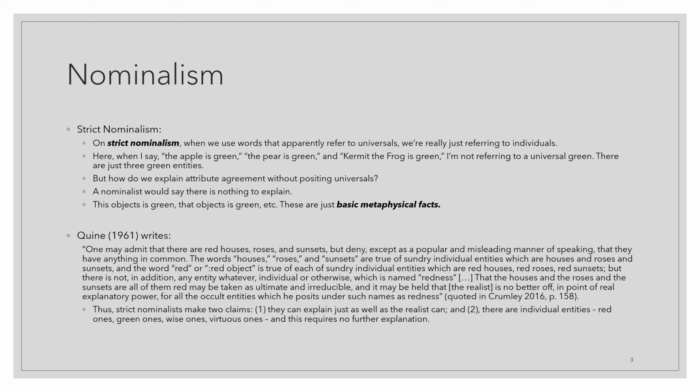Say I utter sentences like, this apple is green, that pear is green, Kermit the Frog is green. When I refer to green, or when I think about green, I'm not referring to or thinking about a universal that is greenness. I just have three different green entities. I have three green particulars. That's it.